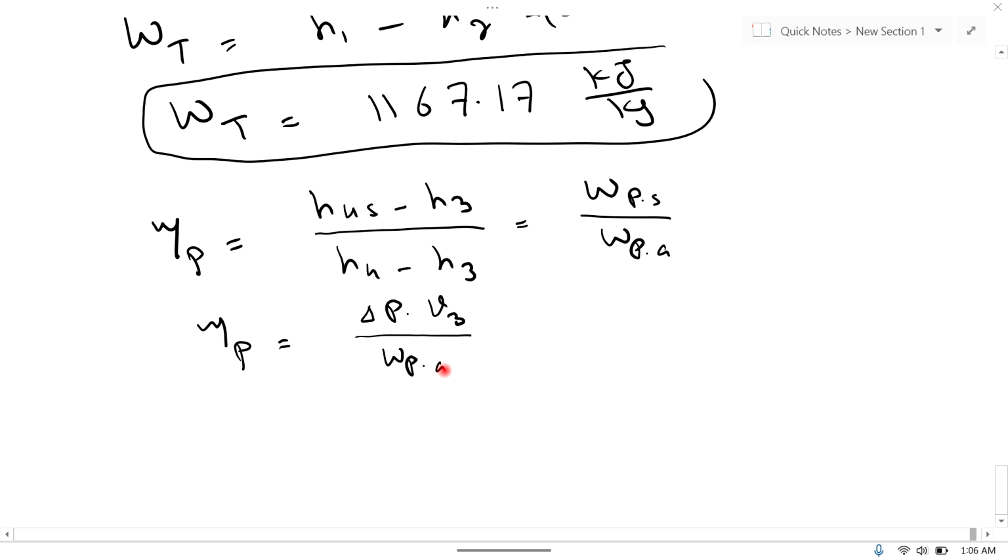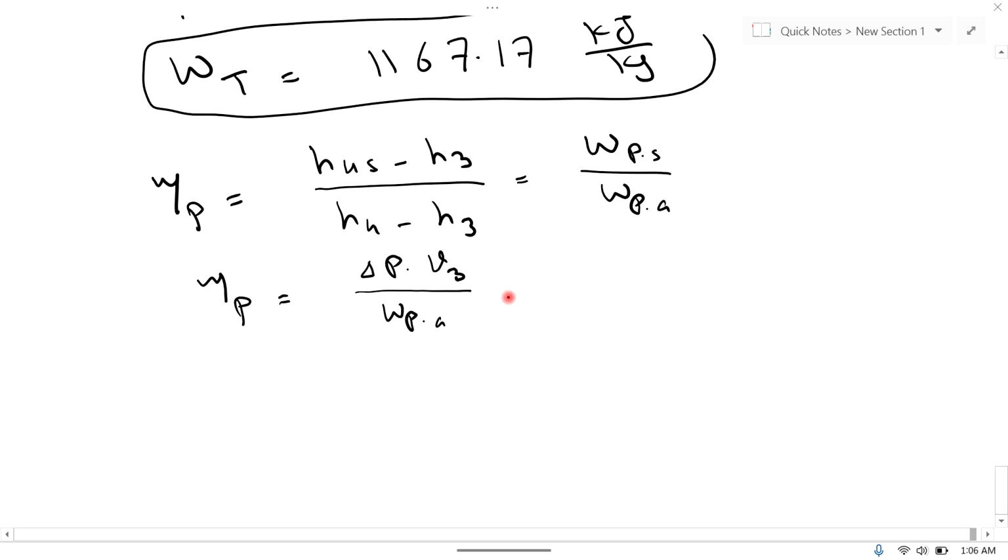Here we will have to find the actual work of the pump. So rearrange this equation: the actual work of the pump is equal to delta P into V3 divided by pump efficiency. So W_PA is equal to change in pressure, from 0.008 megapascal to 14.6 megapascal.